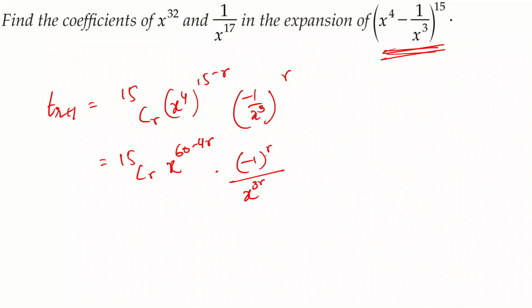So I split the power of r on both the numerator and the denominator, and then I can simplify further by merging these two. So x power of something divided by x power of something, I can club these two as x to the power of 60 minus 4r minus 3r, and into minus 1 to the power of r still remains.